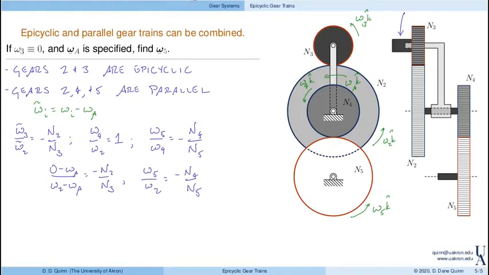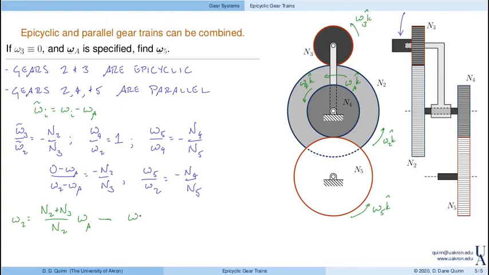Looking at this first relationship, right, we can solve. Omega 2 is actually (n2 plus n3) divided by n2, right? I mean, this is just algebra, and that's times omega arm. So solve this for omega 2 in terms of the arm. And then we'll use that in this next relationship, right?